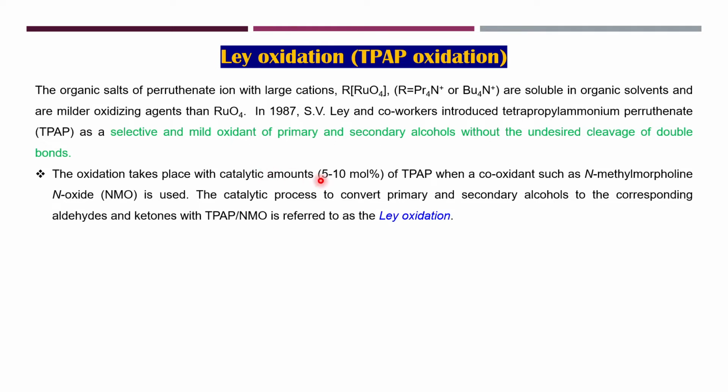This takes place in catalytic amount, and we are using a co-oxidant, which is N-methylmorpholine N-oxide. If you remember, this was also used as a co-oxidant in osmium tetroxide. So the catalytic process converts primary and secondary alcohols to aldehydes and ketones, and as we said, this is the Ley oxidation.